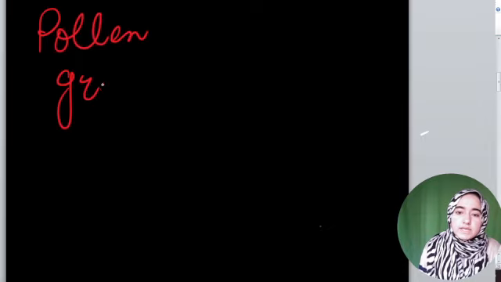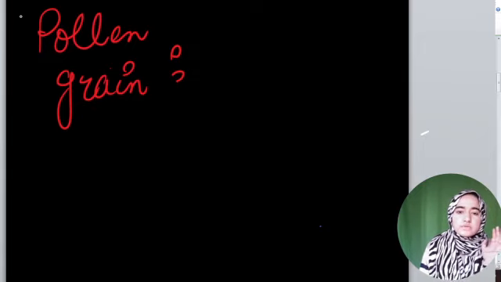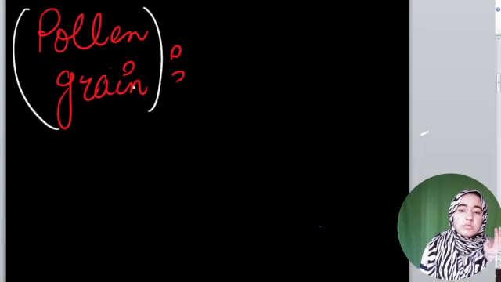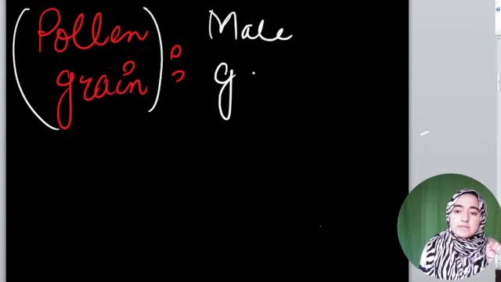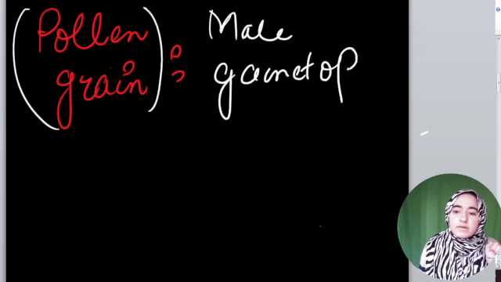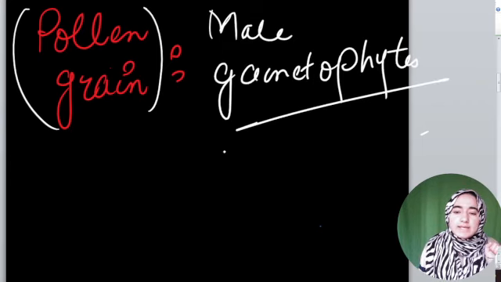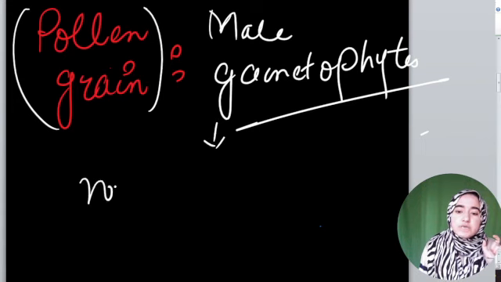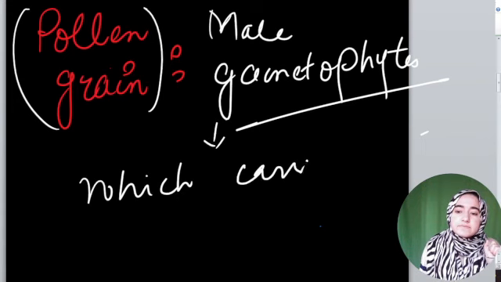First of all, listen: a pollen grain is not a male gamete. Please remember, don't get into this trap. Most students are confused. They say that pollen grains are male gametes. No, they are male gametophytes. Male gametophytes means they carry male gametes.